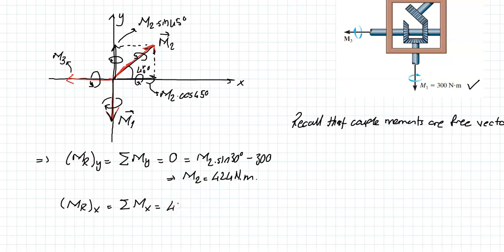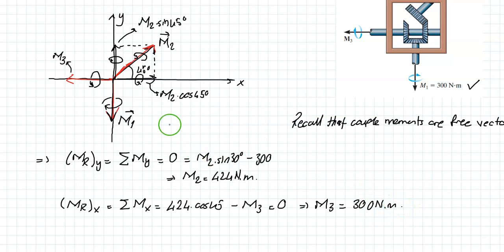M2 is 424 times cosine 45, minus M3 is equal to 0, and from here we find M3 equals 300 Newton meters.